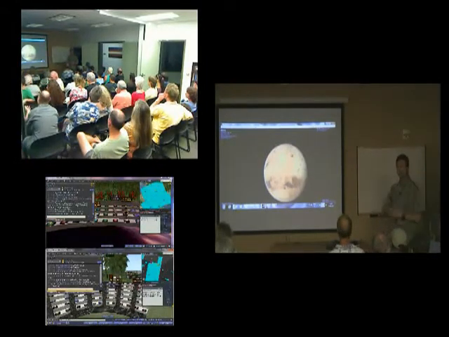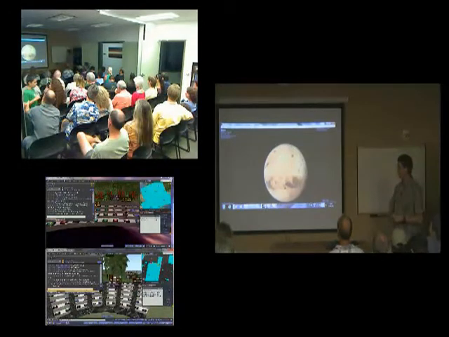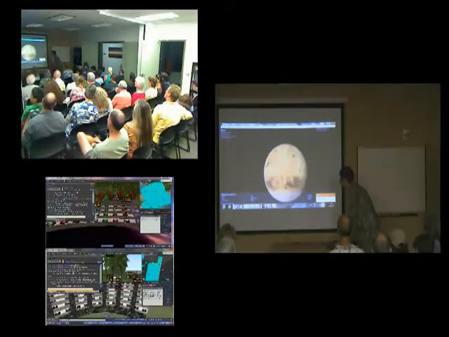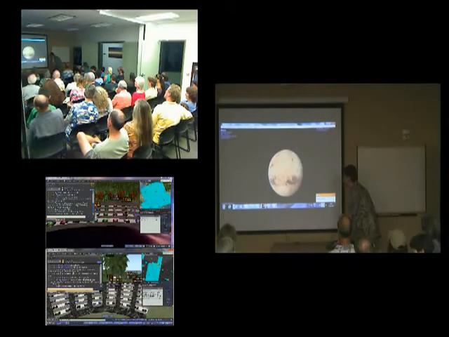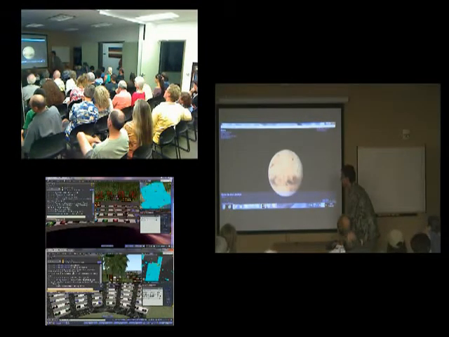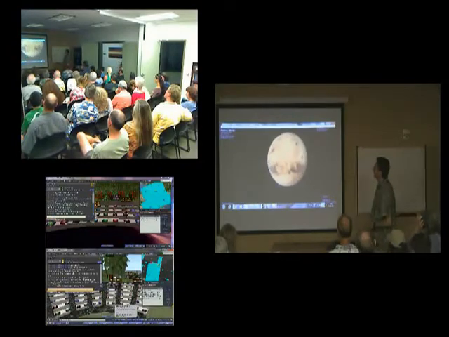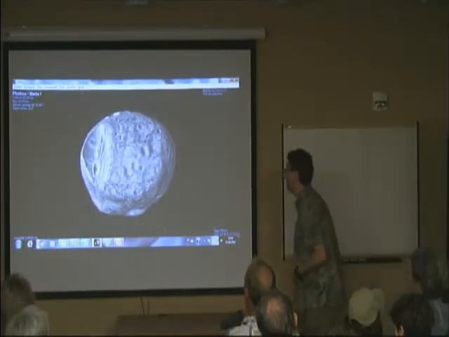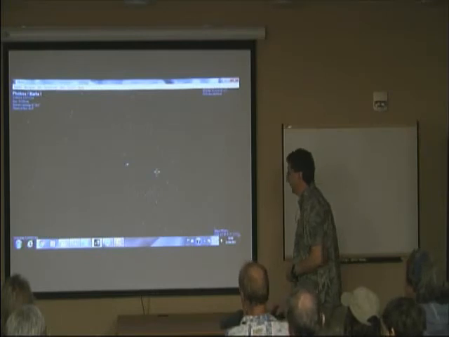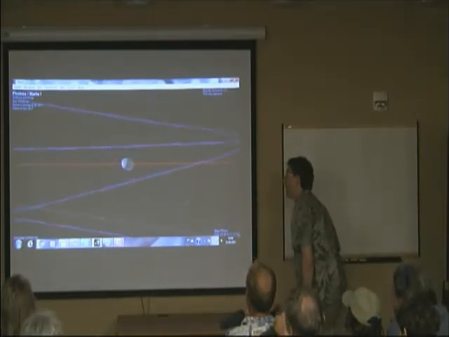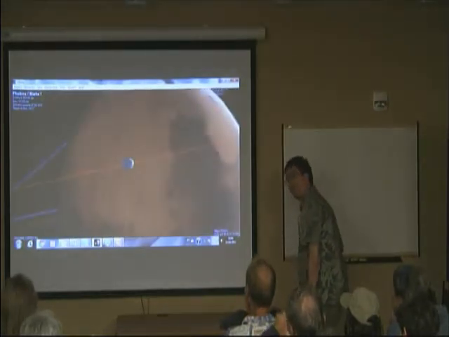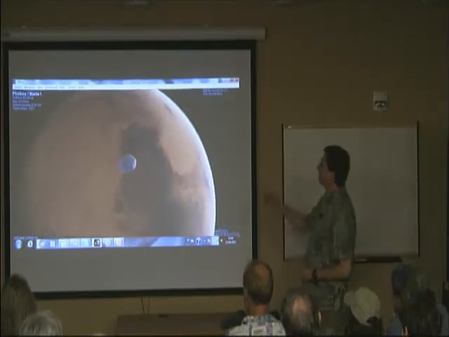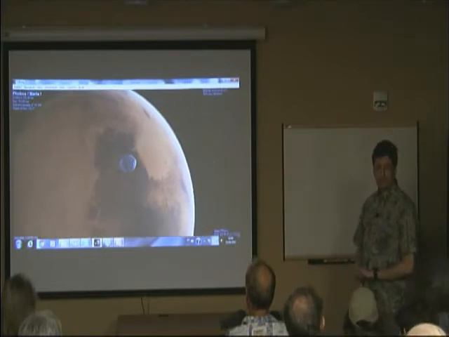Okay, I would like to talk about the moons of Mars. Mars has two moons. This is Phobos. I would like to show you how close to Mars this moon is, and sometime it will fall onto Mars and create another crater.